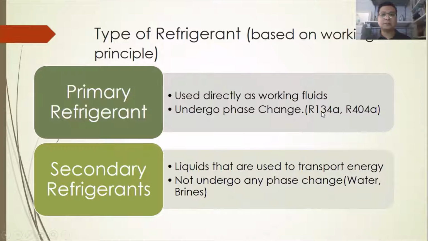It is used directly as the working fluid and undergoes phase change, such as refrigerant R134a and then refrigerant R404A. A secondary refrigerant is a liquid used to transport energy that does not undergo any phase change, such as water and brines. The primary refrigerant is dominant in commercial refrigeration.